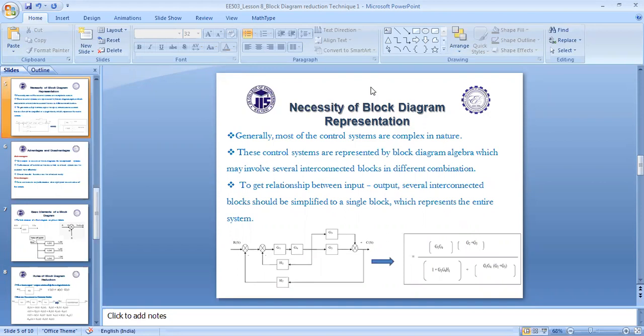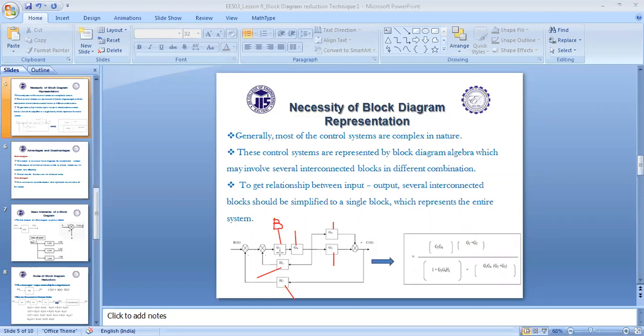See, for a complex control system, most of the systems are complex control systems, and for complex control system, several blocks can be there. See, all these are blocks. Now, these blocks may be connected in series, parallel, or feedback combination.